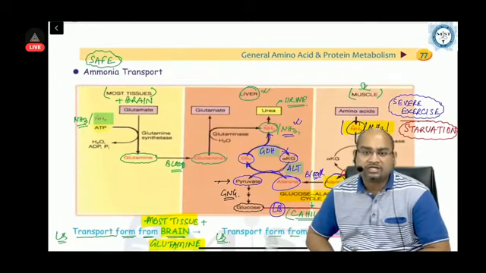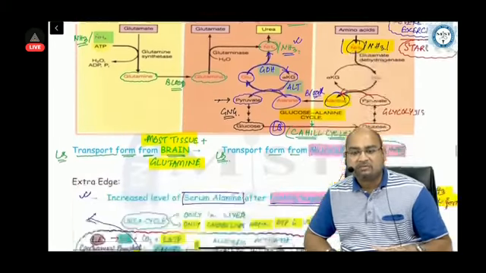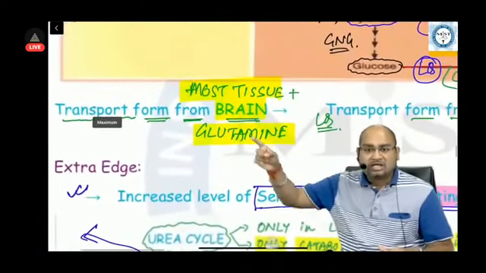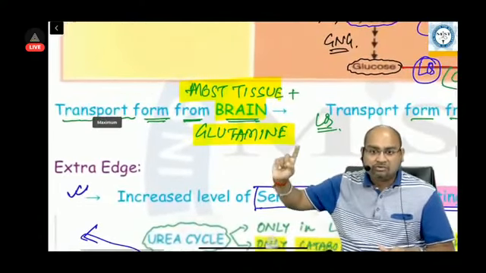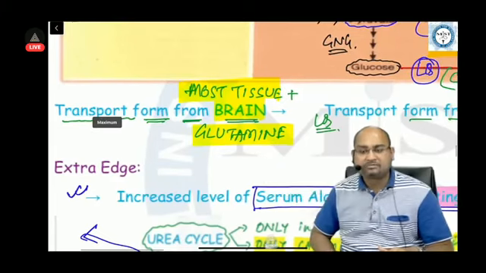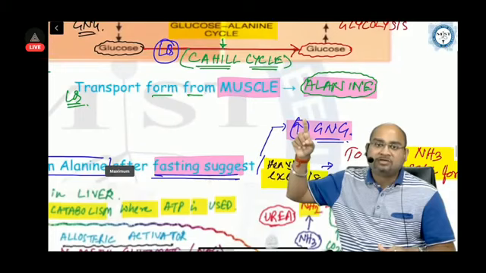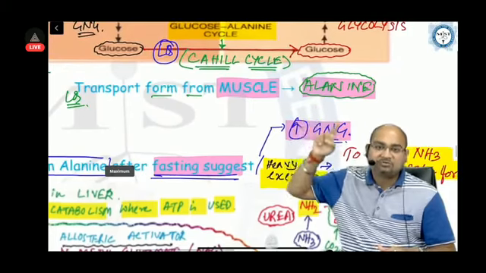Remember two questions on safe ammonia transport. Safe ammonia transport means that from most tissues and brain, ammonia will be captured as glutamine, then given to the liver, and from skeletal muscle ammonia will be captured as alanine and given to the liver.